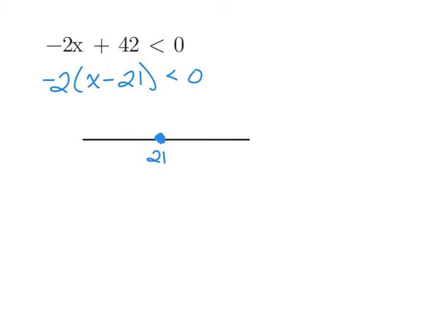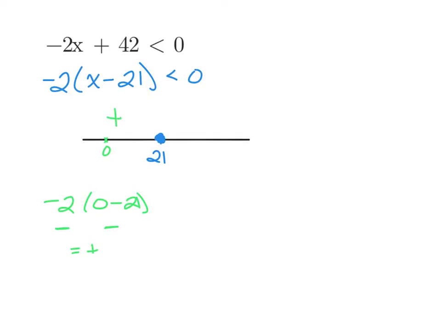That will make the function equal to 0. Then we have to test each interval. So I pick a number that's smaller than 21. Maybe I pick 0. And I plug it in there, and -2 is always going to be negative. And 0 minus 21, that's negative as well. So we're taking a negative number times a negative number, which is going to be a positive number. So we identify that with a plus.